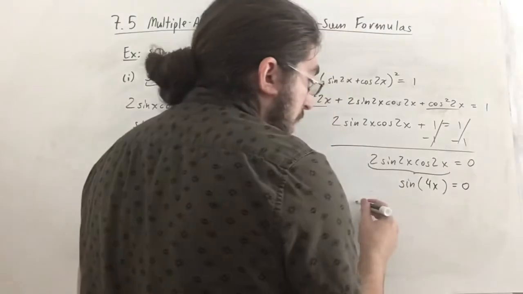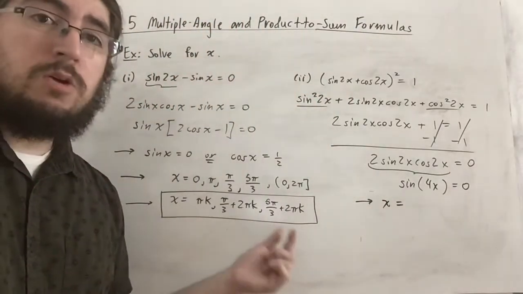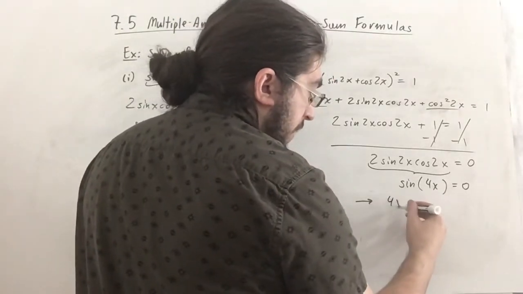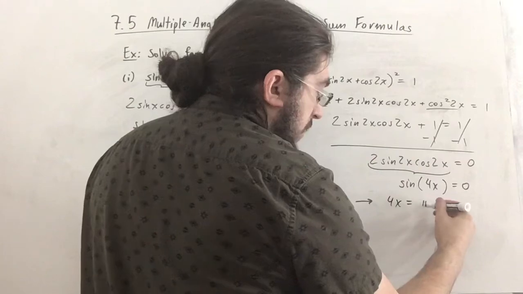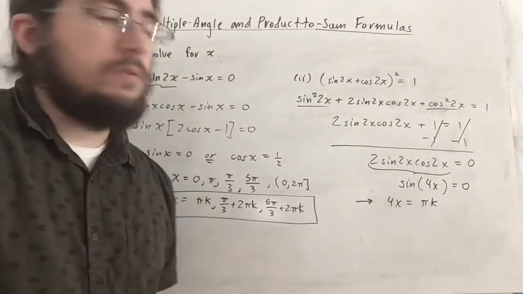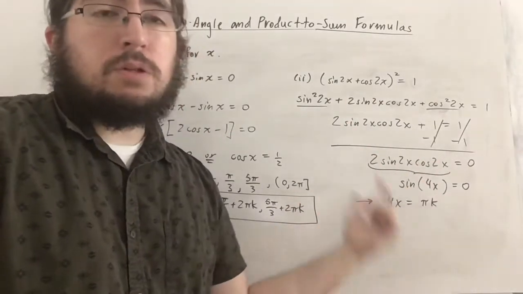And we already saw that the multiples of pi are when you have zeros of sine. So the inside of sine, 4x, has to be any multiple of pi in order for sine of that to be 0. So again, the only zeros of sine are multiples of pi. That means the argument has to be a multiple of pi.